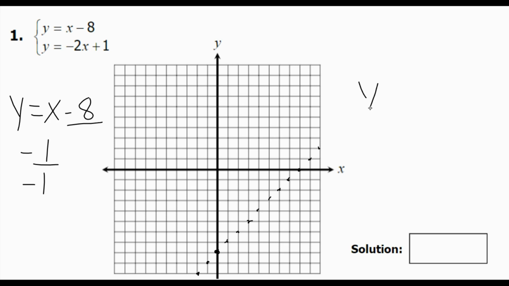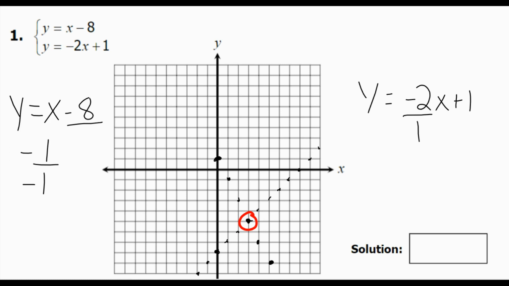Now looking at y equals negative 2x plus 1, I'm going to start at positive 1. My slope is negative 2 over 1, so I'm going to go down 2, right 1. Again, I'm going to continue this: down 2, right 1, down 2, right 1, and notice right there was my overlap. Again, I can continue my line just to finish it, but that is my solution to this system.